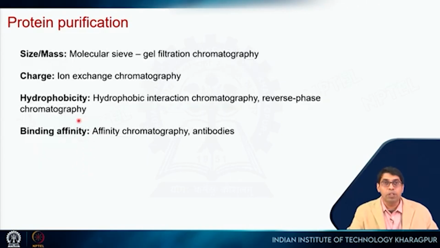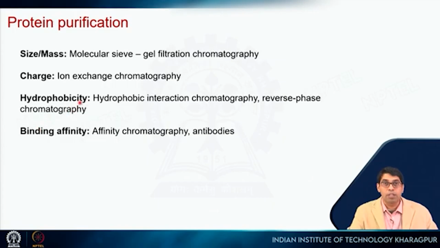We can purify proteins according to their size or mass. This will be a molecular sieve. An example is gel filtration chromatography, or size exclusion chromatography. We can take advantage of the charge on the protein, so we can use ion exchange chromatography. At a particular pH, if your protein is positively charged, then you can separate it from all other proteins which are negatively charged at that pH, right?